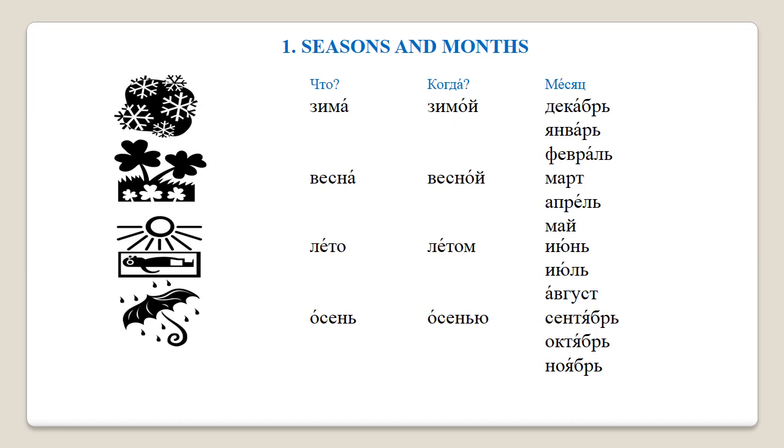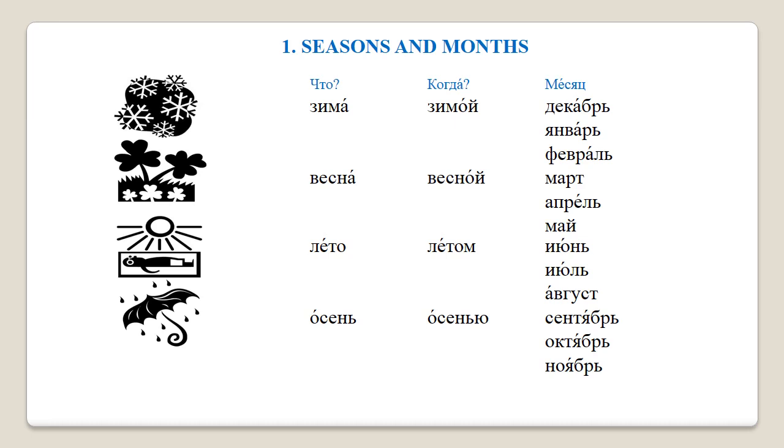Please repeat after me. Декабрь, декабрь. Январь, январь. Февраль, февраль. Март, март. Апрель, апрель. Май, май.